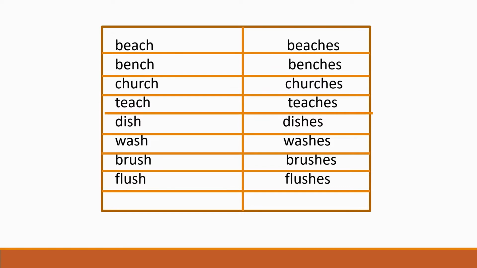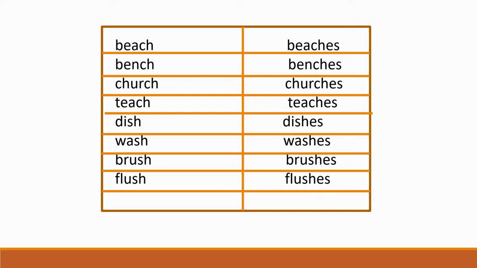So student, if the verb ends with ch, you have to write es at the end. When will you write es at the end? When the noun is singular, then only you have to add es. Correct? And when the verb ends with sh, you have to add es at the end when the noun is singular.